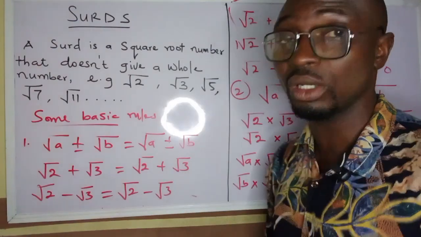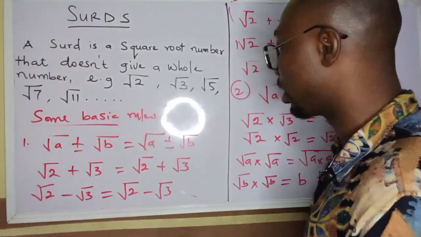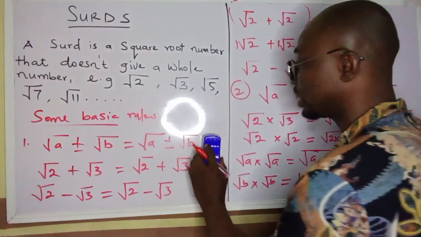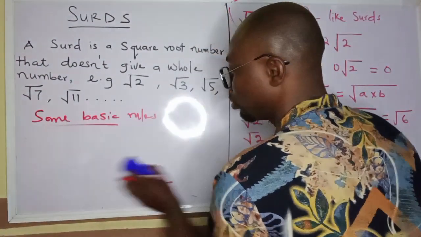Now the last rule I want us to look into before we move to the next thing under sword is the division rule.